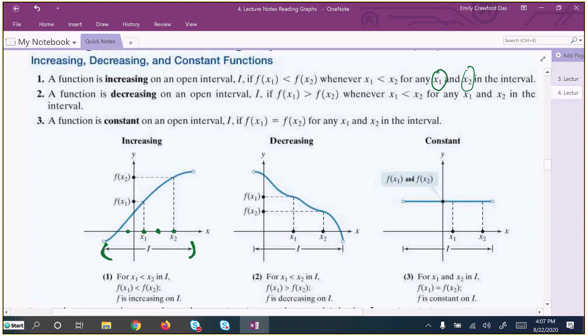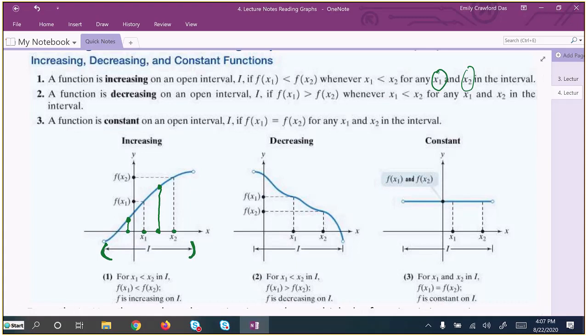Then if I have the smaller x value, its function value should be smaller than the function value of the larger x value. So that's all it means to be increasing.